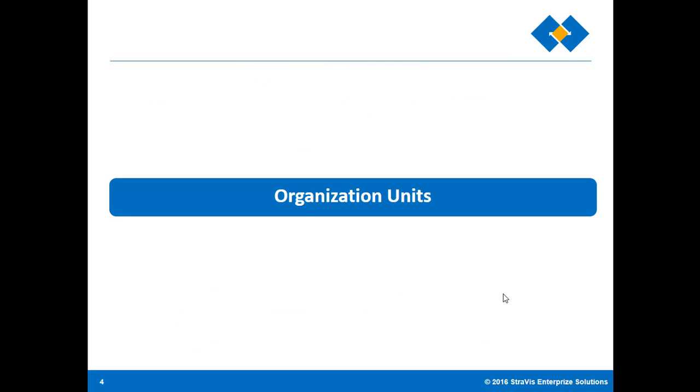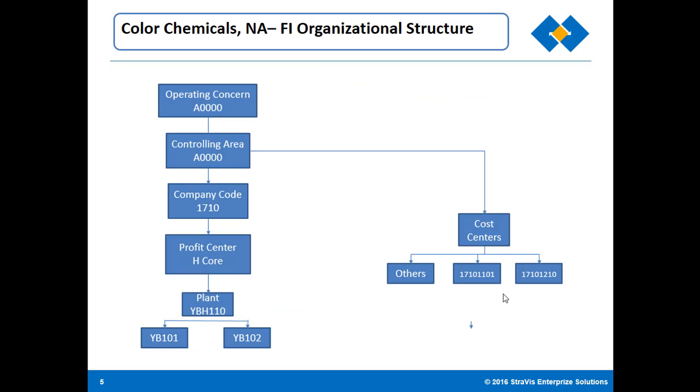Let's quickly look at the organizational units. We have one company code in the center, and above company code 1710 you have controlling area A000, and above that you have operating concern A000. From the controlling area you see cost centers branching out.